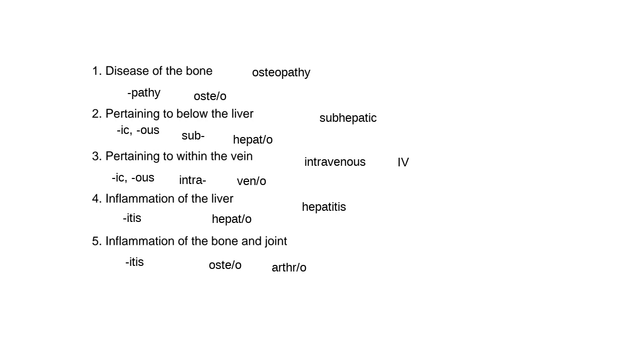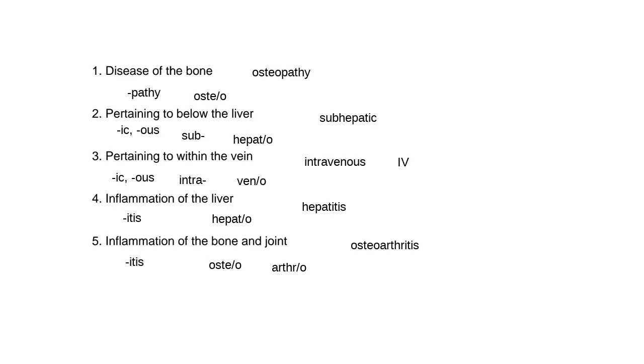Now, when I'm combining two word roots where they're both ending and beginning with vowels, some people might put osteoarth, but I'm going to put osteo, arthr, and then itis, because it sounds better: osteoarthritis. Okay? So that means that you're going to have inflammation of both the bone and the joint. Do not just have simple arthritis, you have osteoarthritis, which is even worse. Okay, so that's how that works.